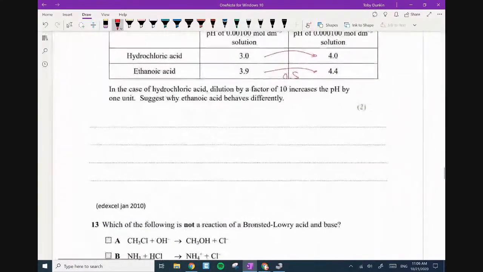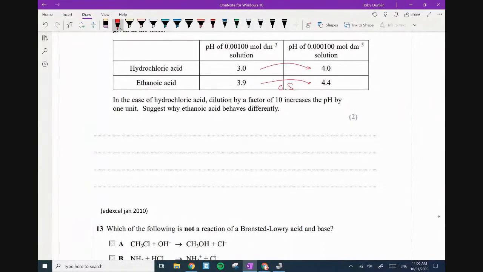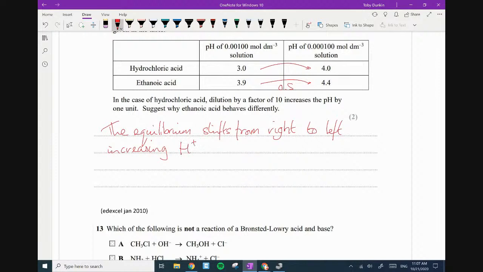Oh, that's genius. Suggest why: the equilibrium shifts from left to right, increasing numbers of H plus.